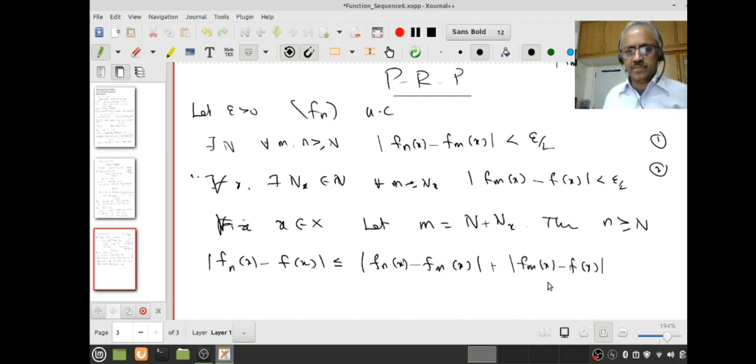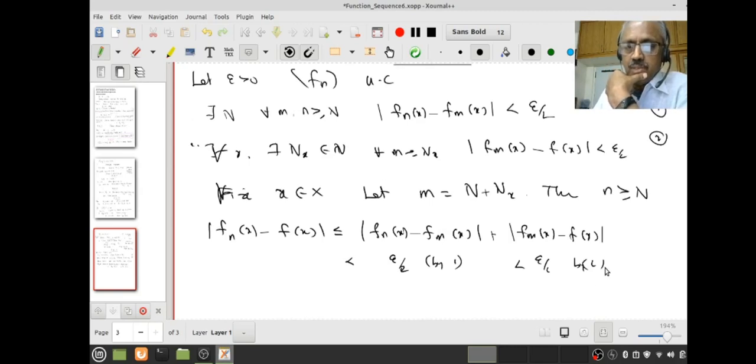Do you understand this? This is true for all m. Here I don't need any condition on m, but when I want to say this is less than epsilon by 2, I use 1. This is by 1, right? And this is less than epsilon by 2. Why? Because my m is n plus nx.